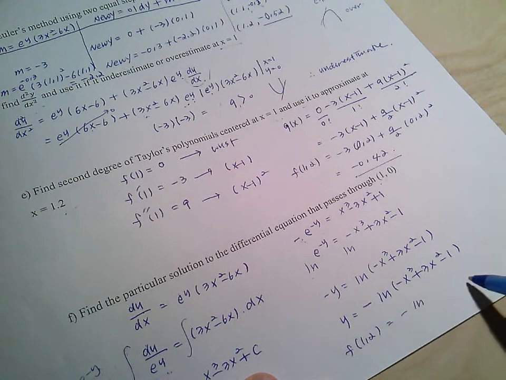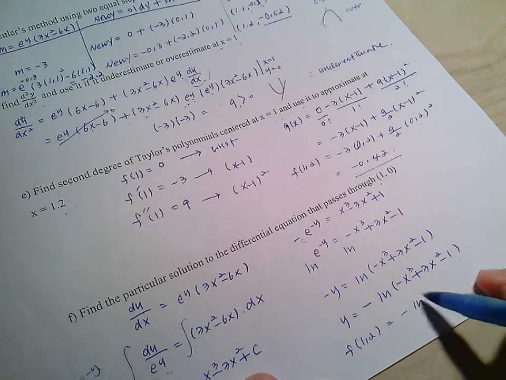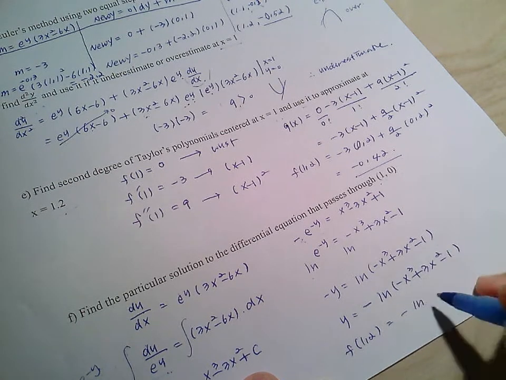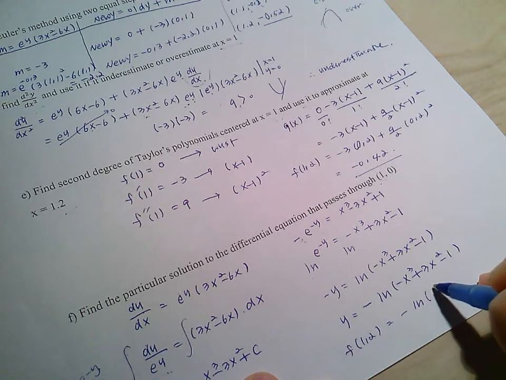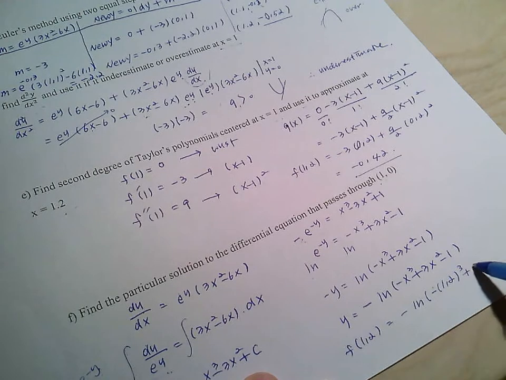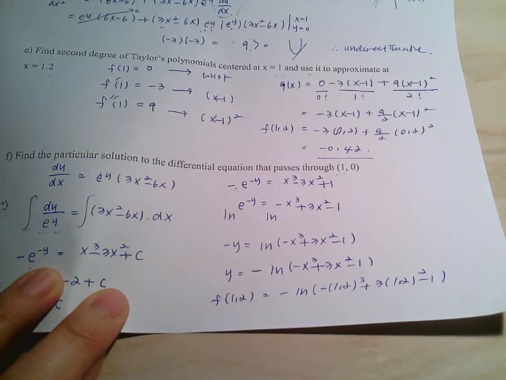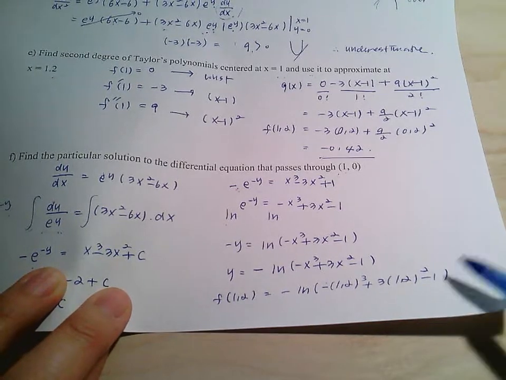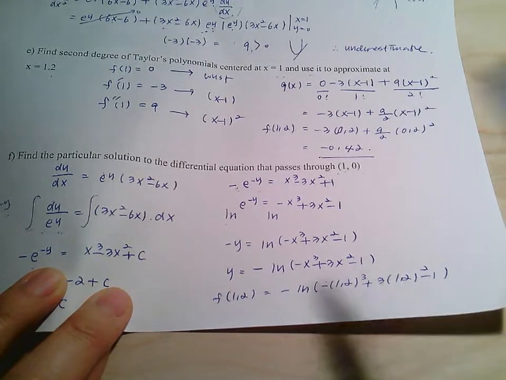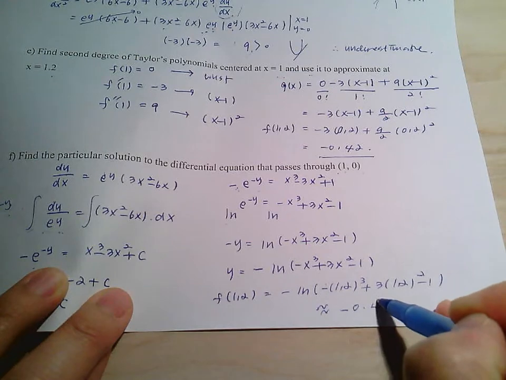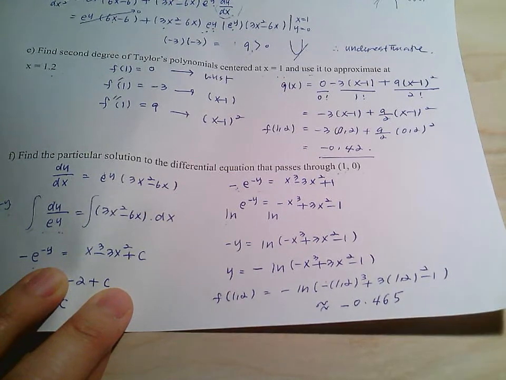So in the ln, if we plug in 1.2: negative 1.2 to the third power plus 3 times 1.2 to the second power minus 1. If you plug that value into your calculator, that gives you negative 0.465. So this is the exact value.